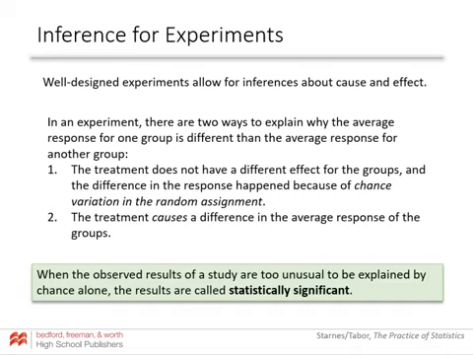When our results are too unusual, and we'll define exactly what too unusual is later in the year, to be explained by chance, we call those results statistically significant.